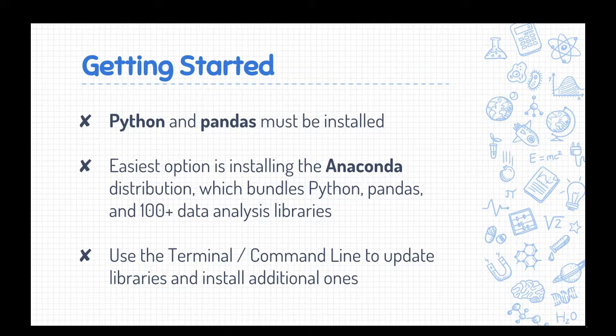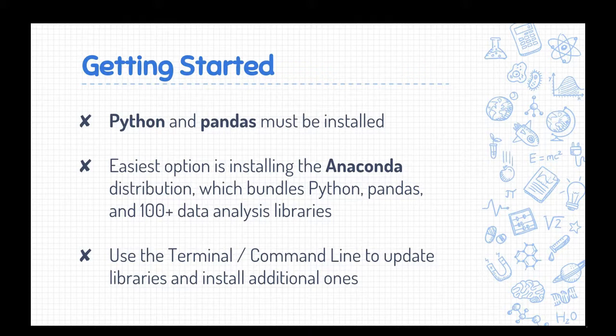So we can go and try the brute force method of installing Python and then Pandas and then maybe the 5 or so libraries that we need in addition. But a much easier path for us is installing what's called a distribution. A distribution is just a big bundle of Python, Pandas, and a bunch of different libraries. And the one we're going to install is called the Anaconda distribution by Continuum Analytics.